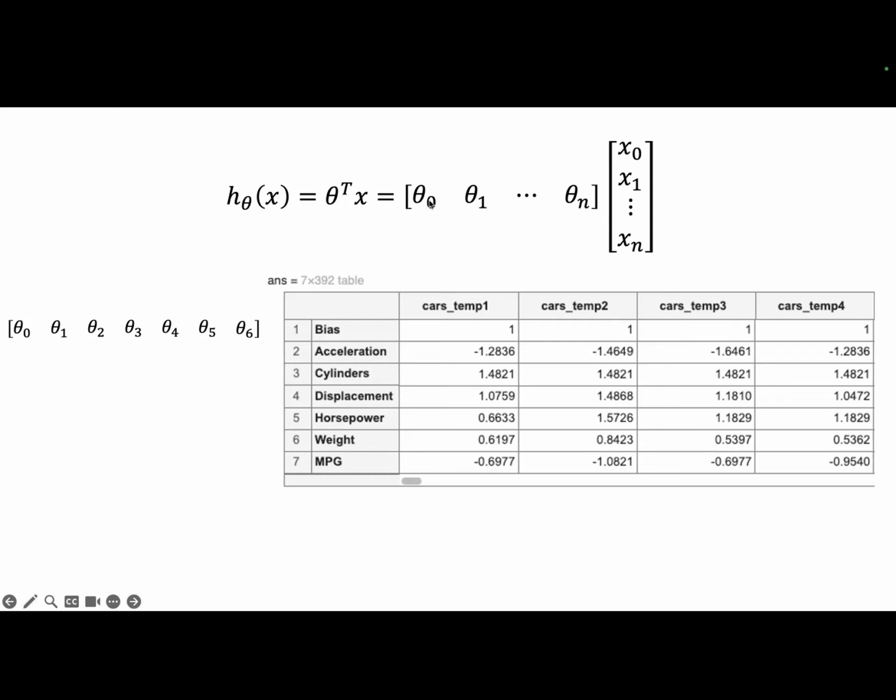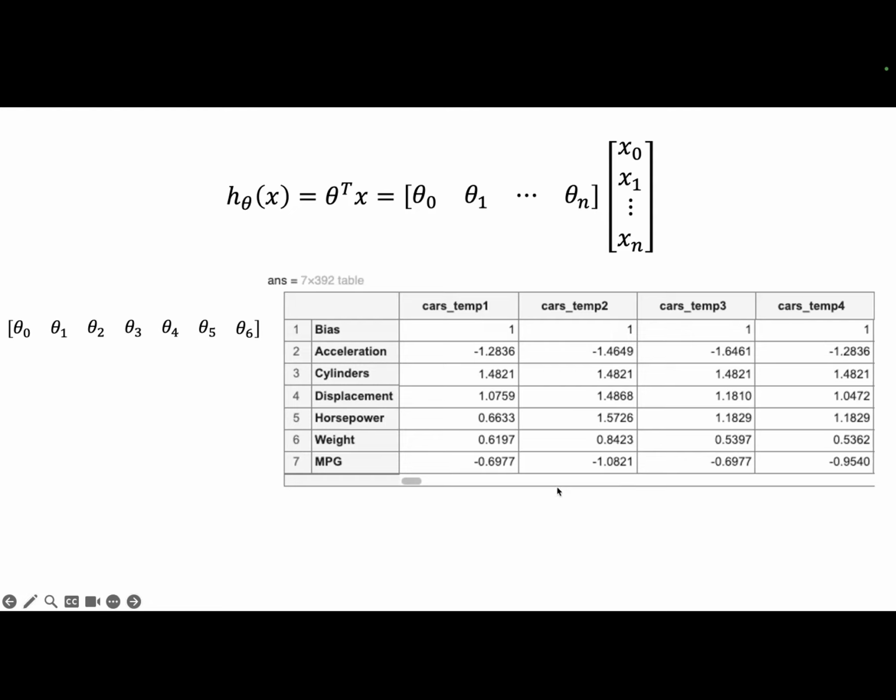So, theta naught times x naught, okay, which is this one, for example, theta 1 times x1, which is this one, hanggang sa theta sub n times xn, which is this one. Okay, so, bali, ito na yung ginawa. Ito yung transpose ng theta multiplied by this as a matrix. Okay, so ito ay matrix na.